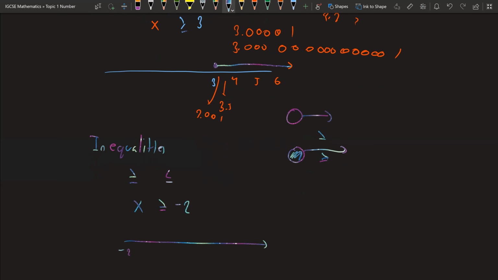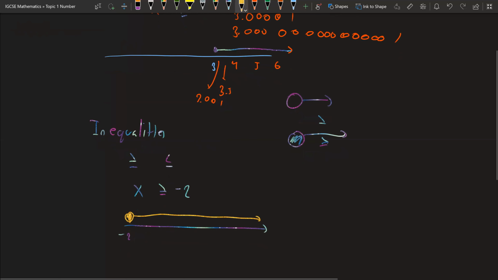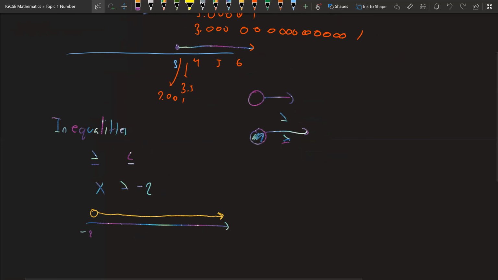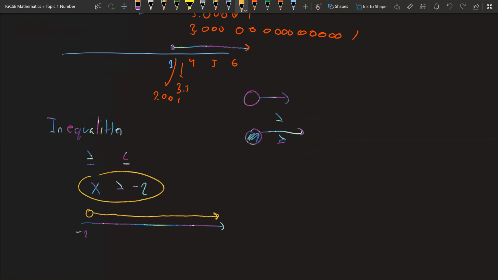Let's say -2 is here, more than or equal to, right? But since it's more than or equal to, I color code it because it can also be equal to -2. If it's not more than or equal to, if it's just more than, then I don't color code the inside part of the ball. I just leave it empty. But this is just one inequality. Let's say I have another inequality as well.